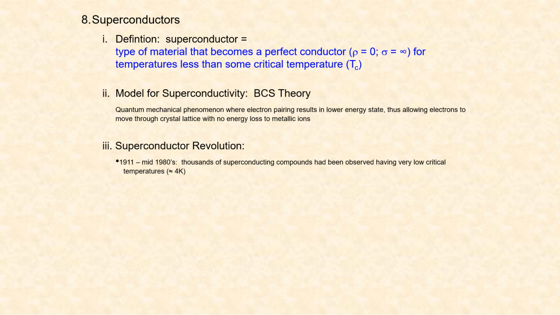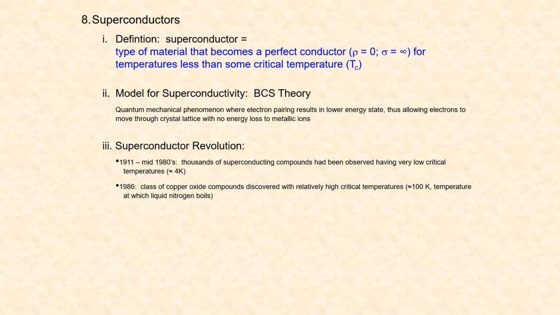So while many materials become superconductors, they're not really practical because it takes a lot of energy and a lot of money to reach temperatures of about 4 Kelvin. But what happened in the mid-1980s, and I can vouch for this because I was alive for the superconductor revolution, is that there was this class of copper oxide compounds discovered with relatively high critical temperatures on the order of about 100 Kelvin.